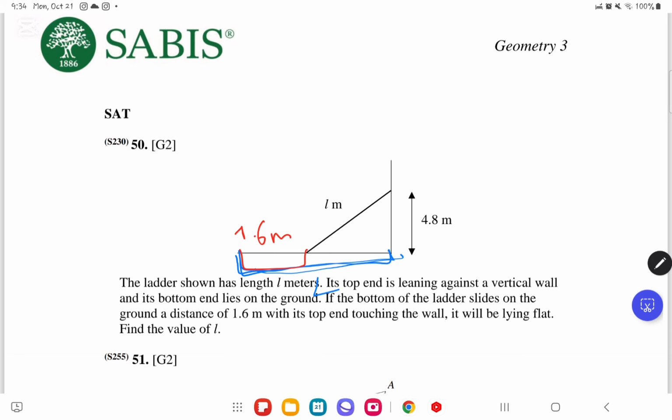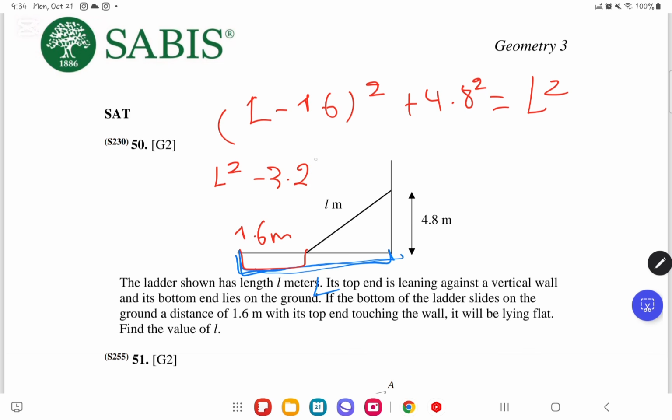Then we use the Pythagorean theorem, which is L minus 1.6 squared plus 4.8 squared is equal to L squared. Then we solve: we get L squared minus 3.2L plus 2.56 plus 4.8 squared, which is 23.04, is equal to L squared.